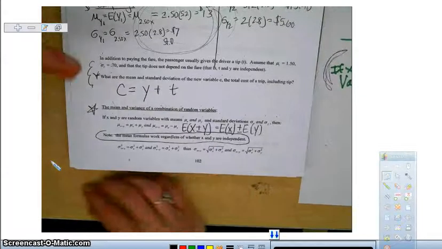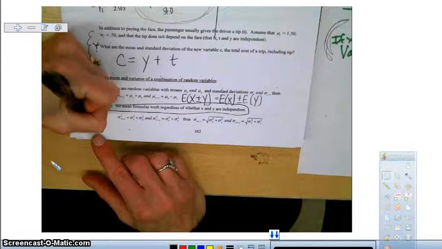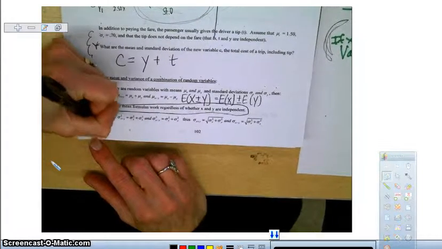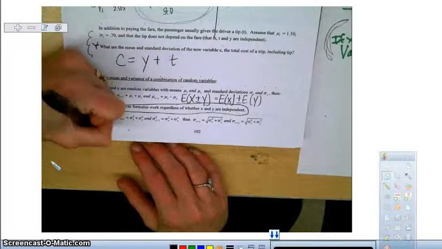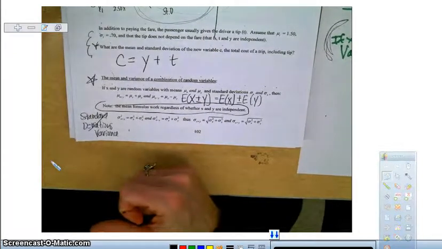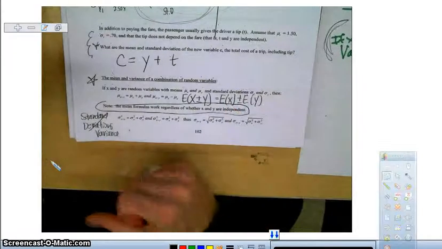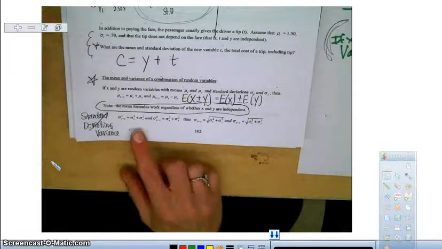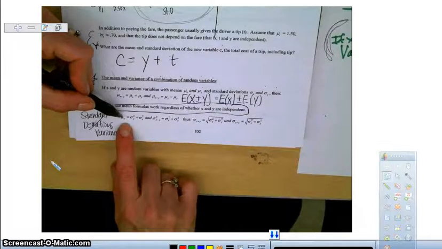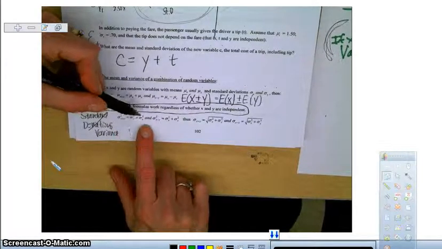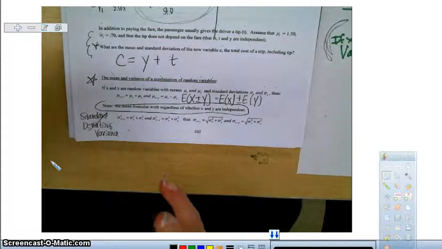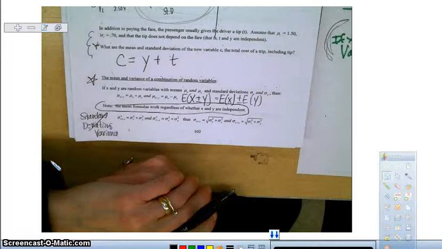Now with the standard deviations, the standard deviations are different, and we actually don't talk about that. We talk about the variances, and this is why we introduced variance. You don't need to interpret variance, you just need to be able to do order of operations with variance. So you might think that if you're combining two random variables and you want the standard deviation of the sum, you just add the standard deviations.